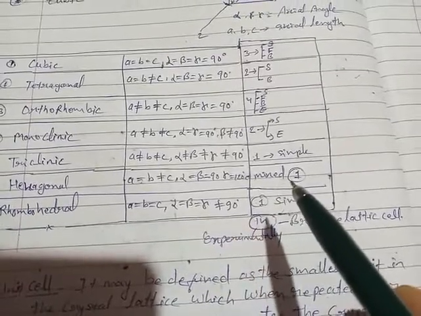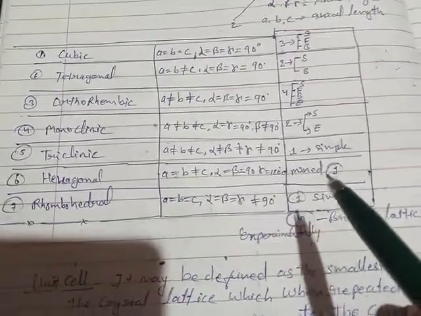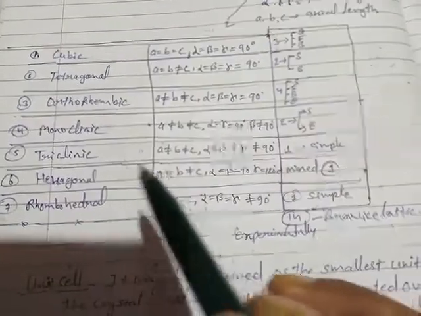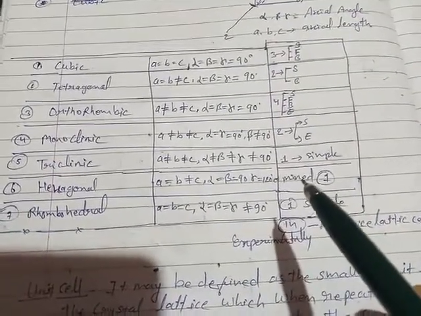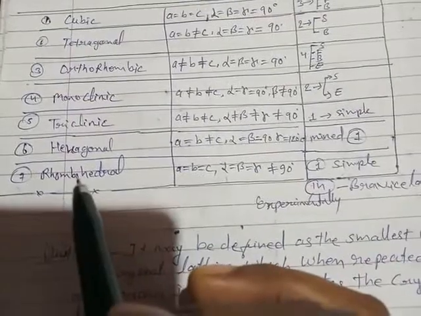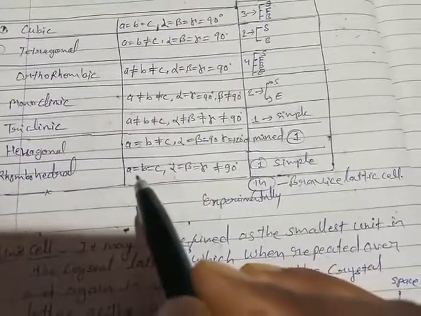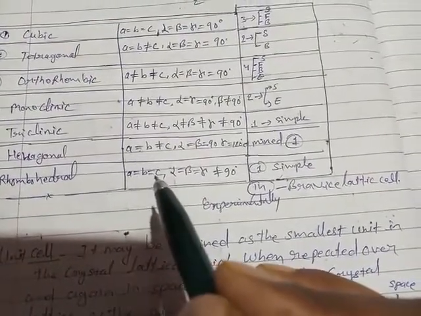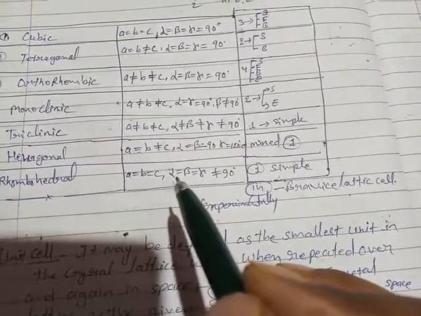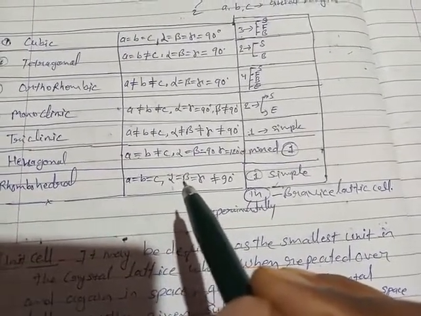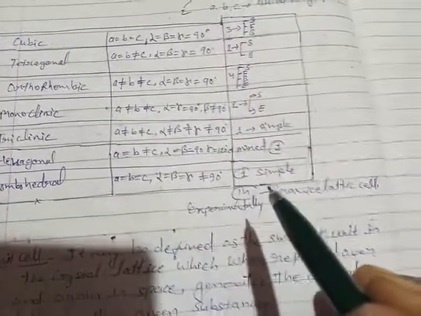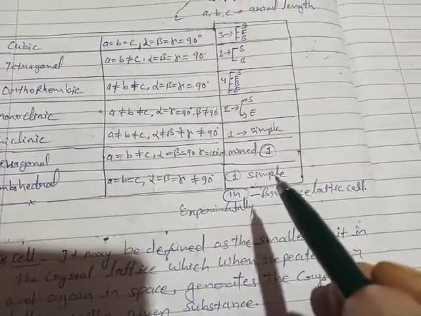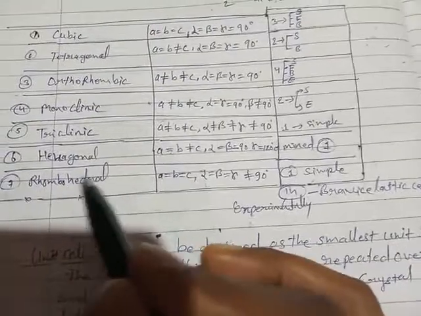It will be a mixed form of unit cell. This is called the hexagonal. To form the hexagonal we require the mixed type of unit cell. And for the rhombohedral, the sides are a = b = c, and the angles alpha = beta = gamma not equal to 90 degrees. A very simple unit cell we require to form the rhombohedral.